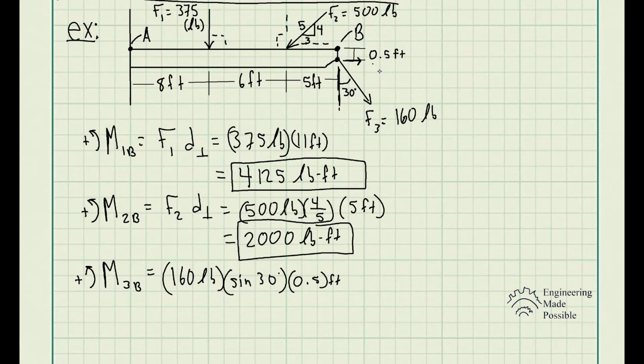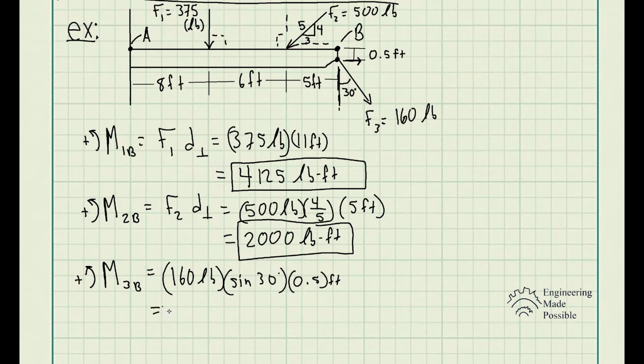This will cause rotation, which will be counterclockwise with respect to B. So it's 160 pounds times sine 30 degrees. In this case, we do have the angle, and we just get the X component, sine 30 times the perpendicular distance from that X component of the force, which is 0.5 feet.